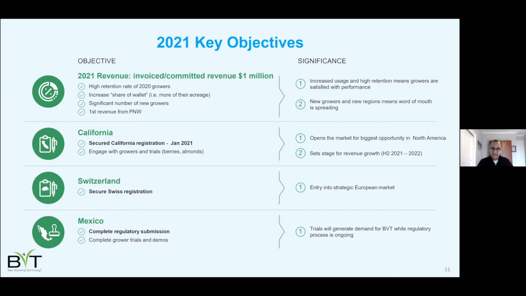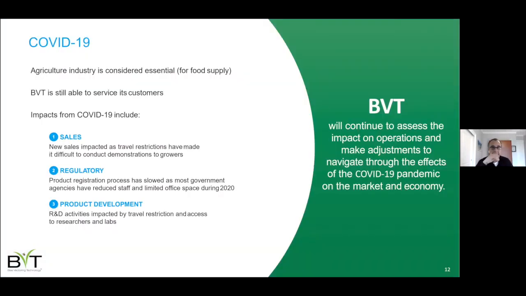And to take that license and start engaging with growers using trials and demos. Secure the Swiss registration is a third objective, and then complete the regulatory submission for Mexico would be the fourth objective. And we'll talk about these in a little bit of detail as we move forward.